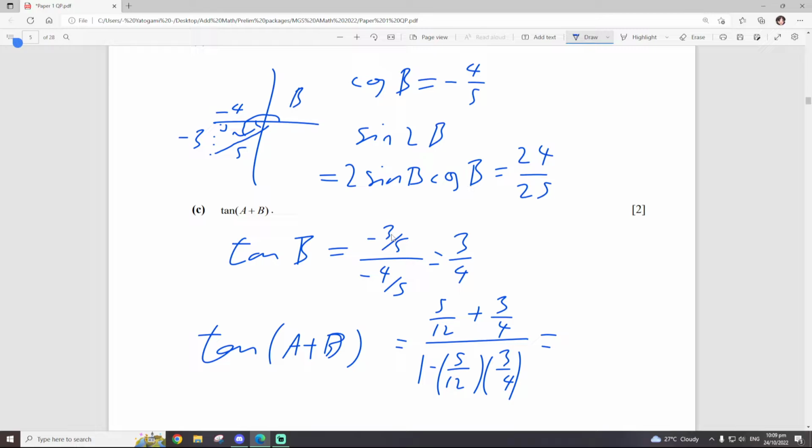And you'll find that the answer is actually exactly 56 over 33. So it doesn't seem like too nice of an answer, but this is the answer, and you can check for yourself.